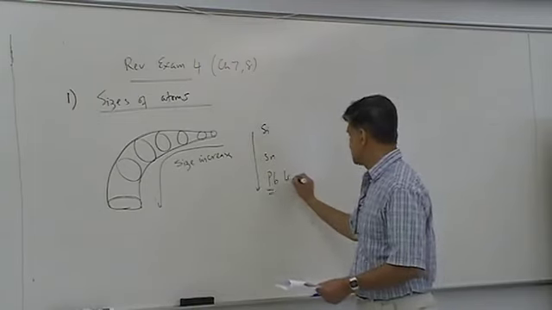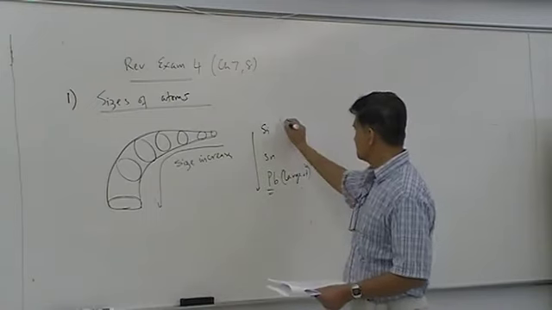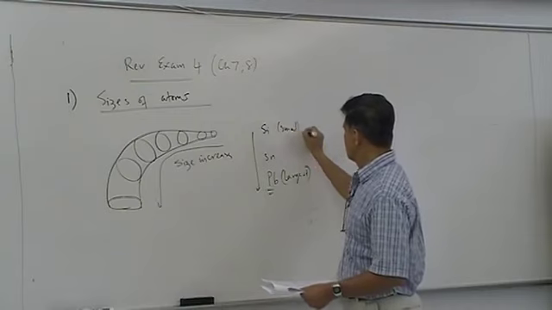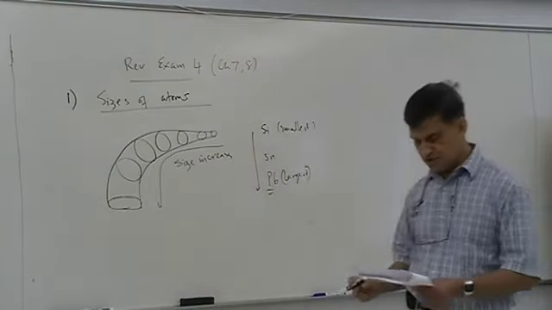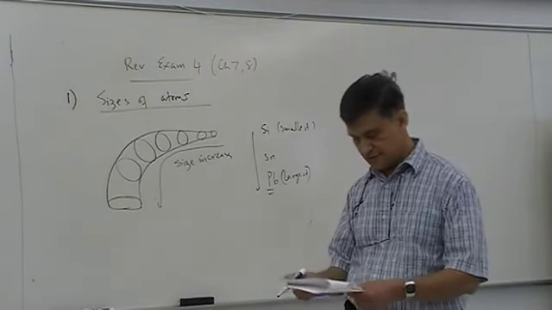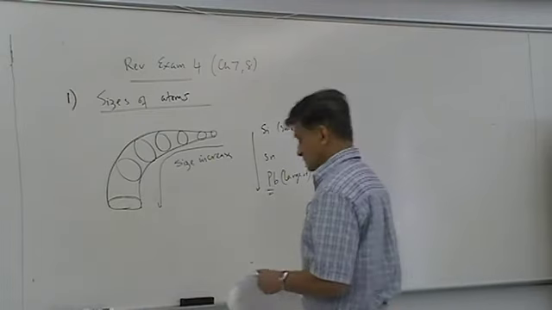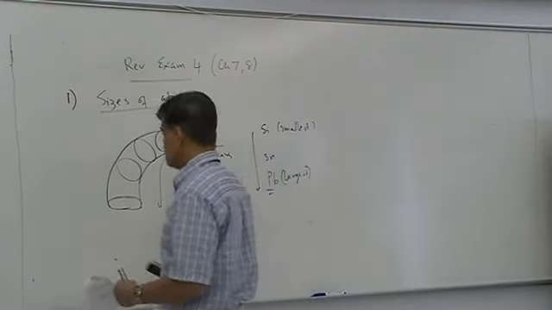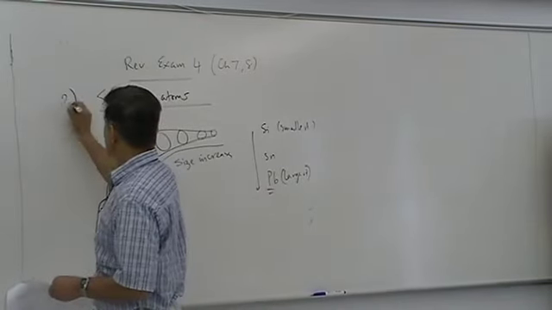This is largest. And this is going to be the smallest. So basically you need to know how the size of an atom changes as you come from the right side of the periodic table to the left and go towards the bottom from the top. So this is about sizes of atoms, which is question type 2.